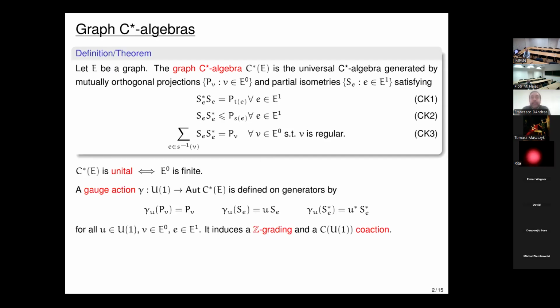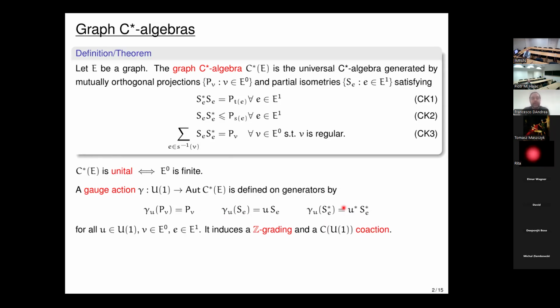And there is a canonical action of the group U1 on a graph C-star algebra, which is called the gauge action, an action by automorphisms. This is defined on generators by the following formula. Projections are invariant under this action. A partial isometry SE, if I act with a unitary element U, becomes U times SE, and the adjoint SE star becomes U star SE star.